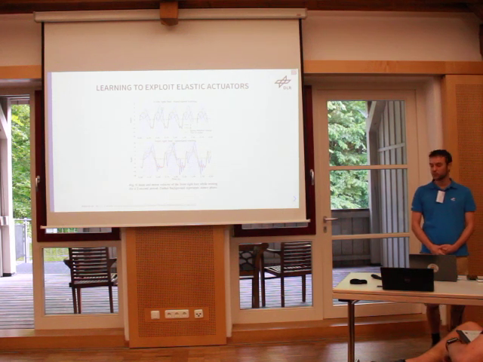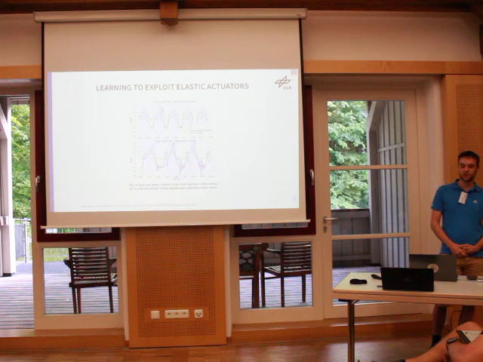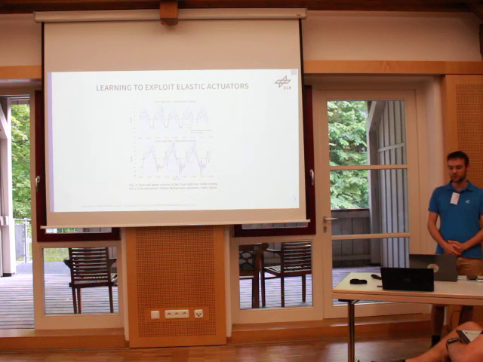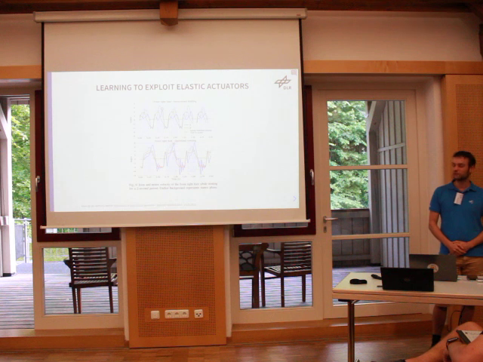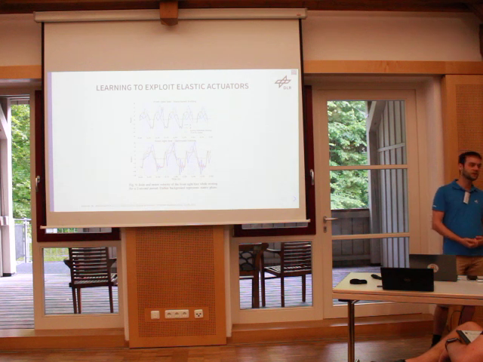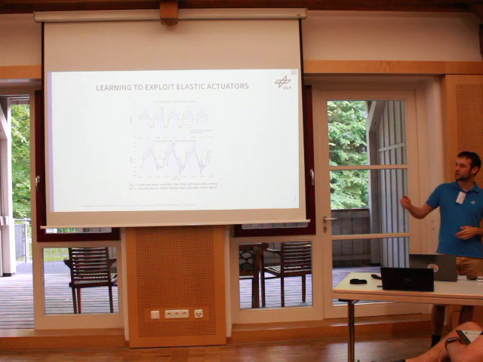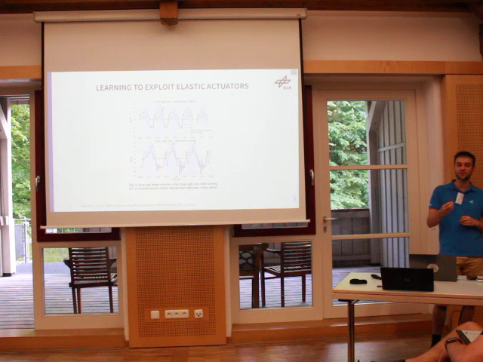And in green, you have the potential energy of the spring, and you see that when the potential energy is released, you will get the maximum joint velocity. And if the timing is correct and matches actually the dynamic of this elastic robot, then you will, here it goes actually at 4 radians per second, so the joint goes twice as fast as the motor by only using this storage and releasing it at the right time.